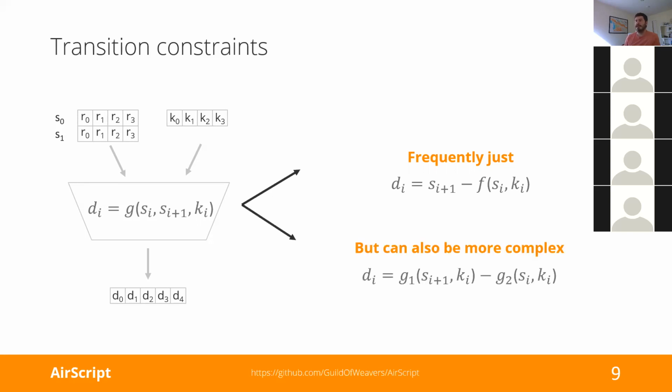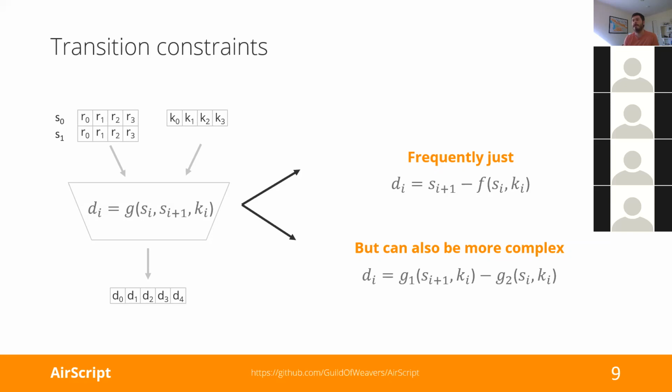But it's not always like that. Sometimes you can split your transition function into two different functions and apply, let's say, the first one to the next step of the computation, the second one to the previous step, and subtract one from the other to get the evaluation. This is, for example, what the Rescue hash function is doing.